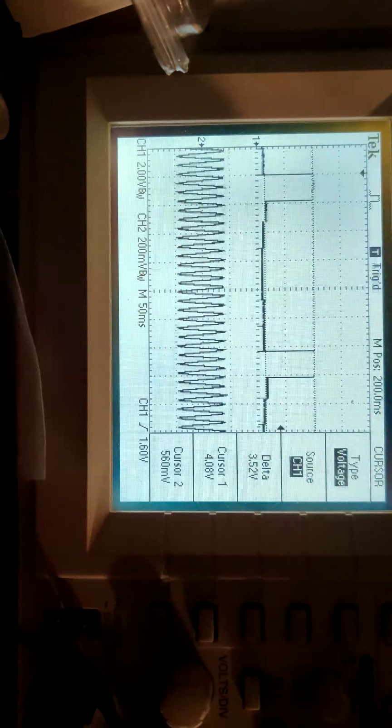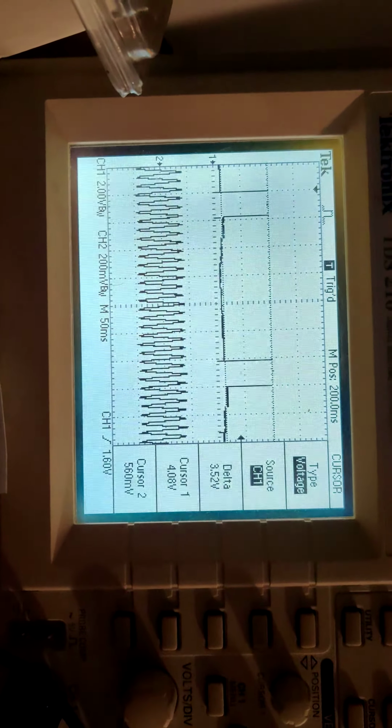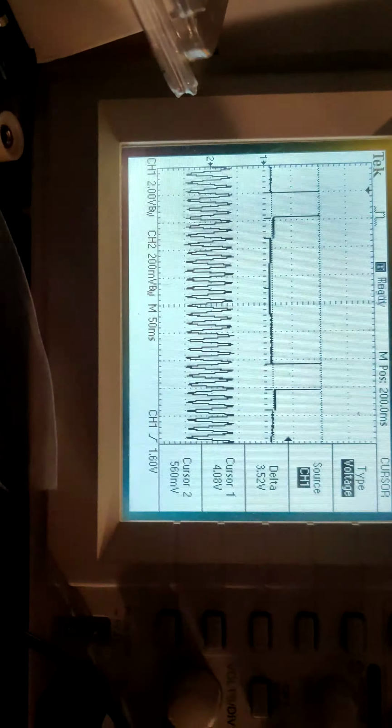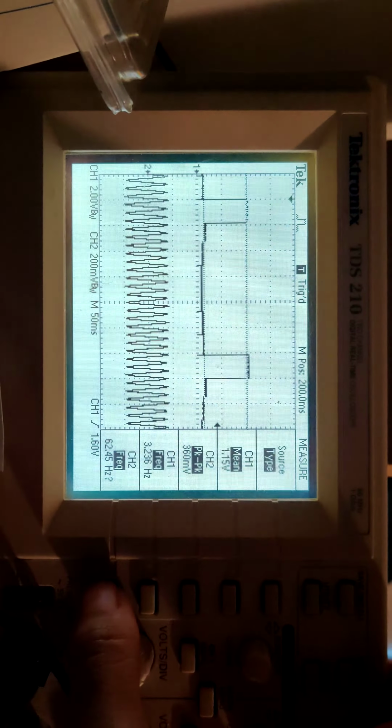on channel 2, I'm feeding a sinusoid. Measure channel, type channel 2, measure frequency.